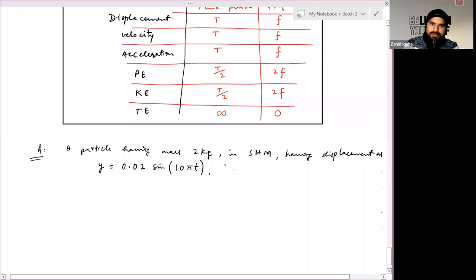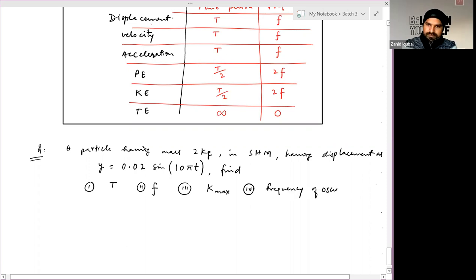Find first, the time period, the frequency related to this displacement, the maximum kinetic energy, and the frequency of the oscillating potential energy.